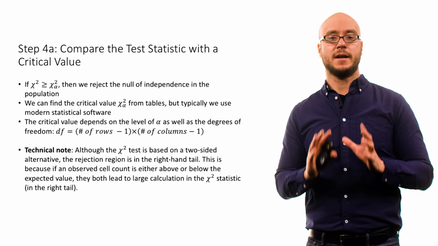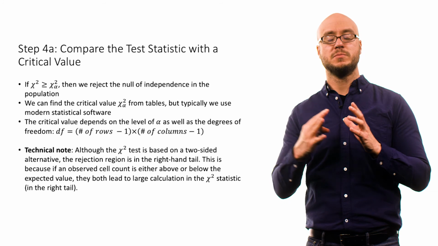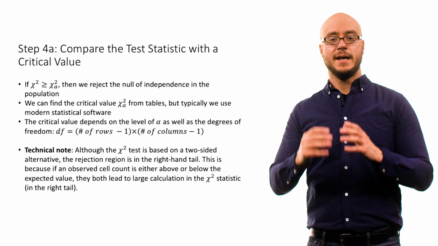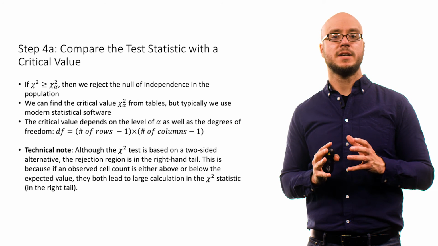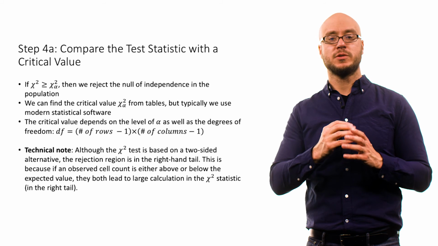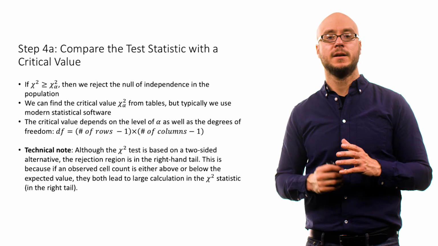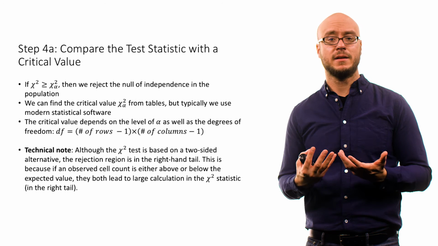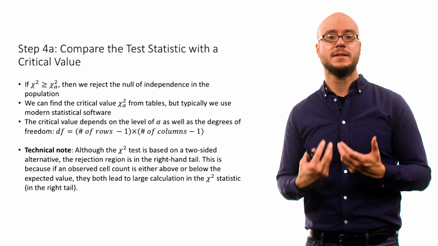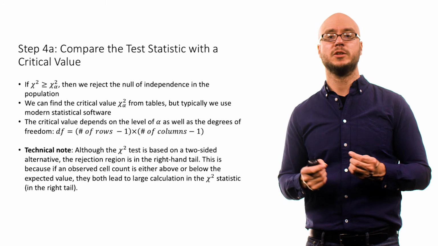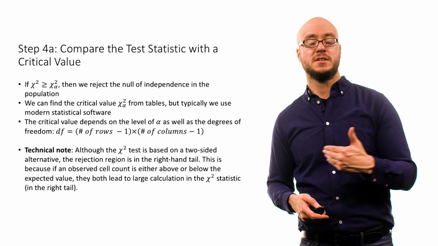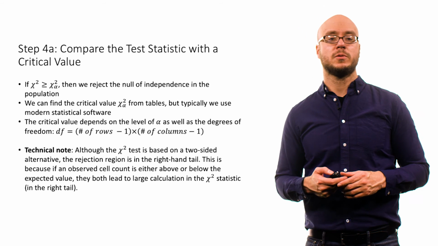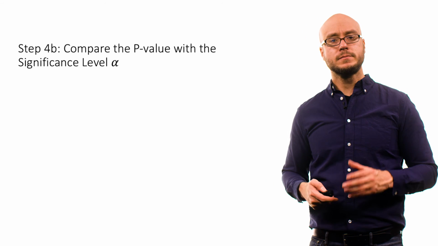Again, we have this technical note: because the chi-square distribution model is from 0 to infinity, the chi-square test is technically based on a two-sided alternative, but the rejection region is only in the right-hand tail. This is because if an observed cell count is either above or below the expected cell count, both will lead to a large calculation in the chi-square statistic, meaning the test statistic will be pushed towards that right tail.